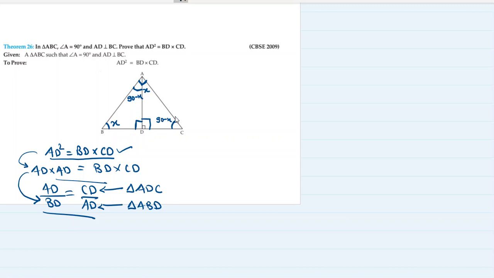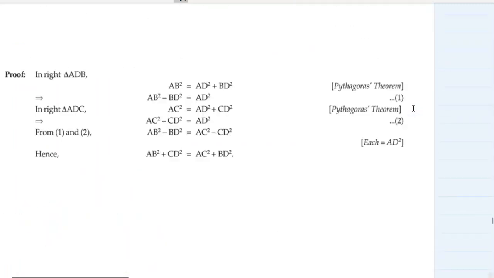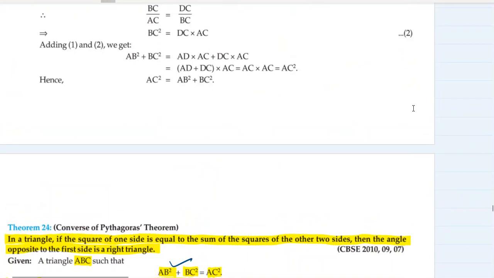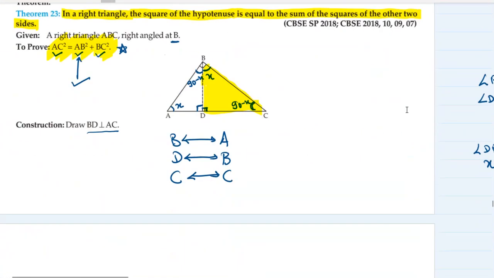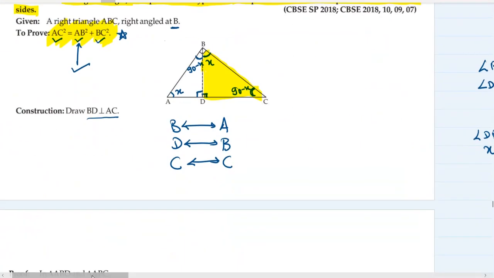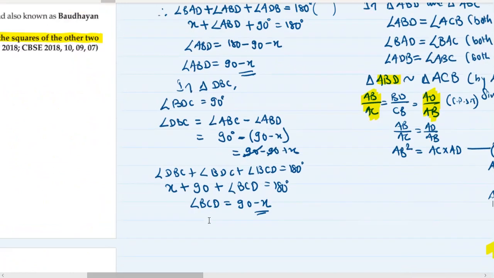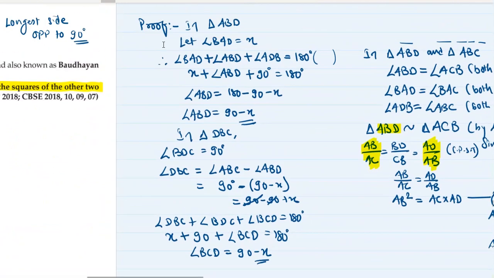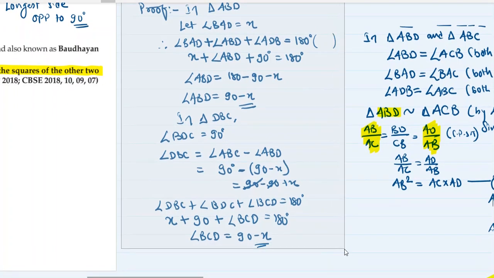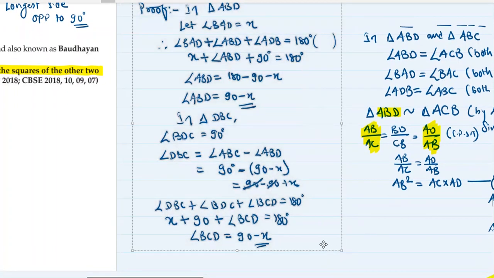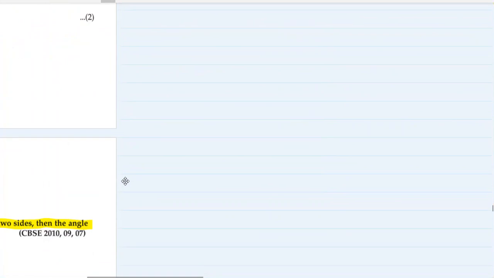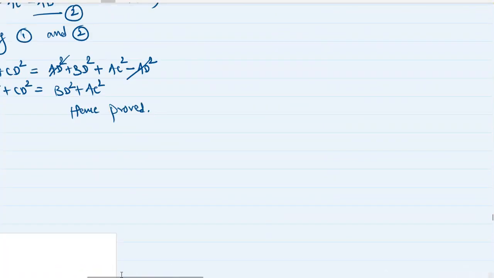If you want to see how I have written it, I will just bring this part over here which I have written in Pythagoras theorem. So I'll just copy this and bring it down.